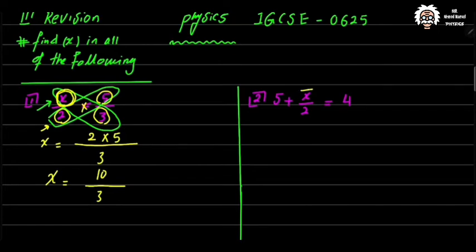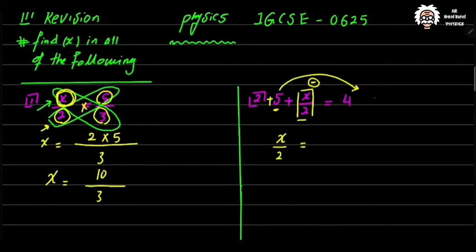First of all, we need to leave the fraction x over 2 only on the left hand side. So we need to get rid of the 5 from this side. If we look at the sign of the 5, it has a positive sign, so we can put it on the right hand side, but by changing its sign.